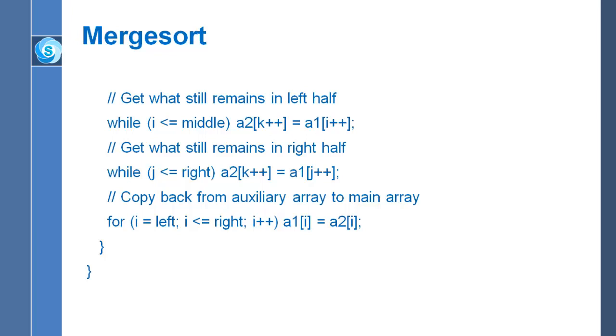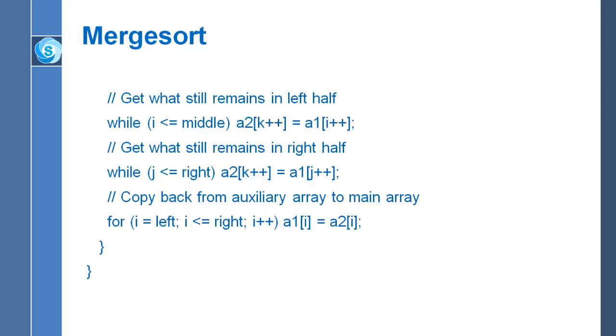Saying A2[K++] = A1[J++] means A2[K] = A1[J]. In other words, copy what's in A1[J] into A2[K]. And then, after that's done, increment J and also increment K.